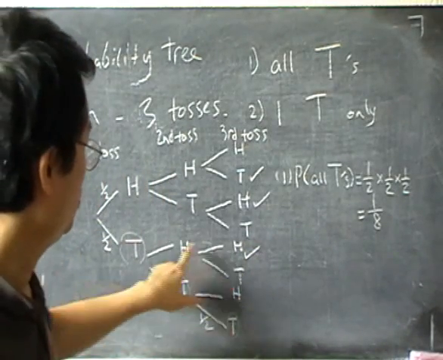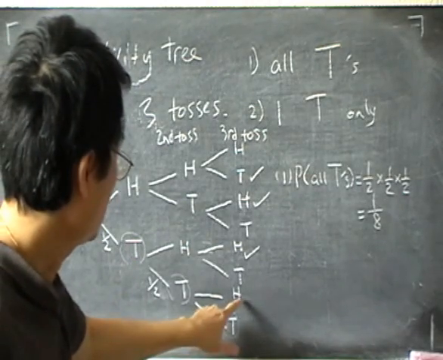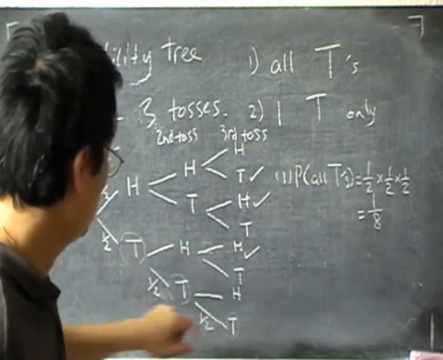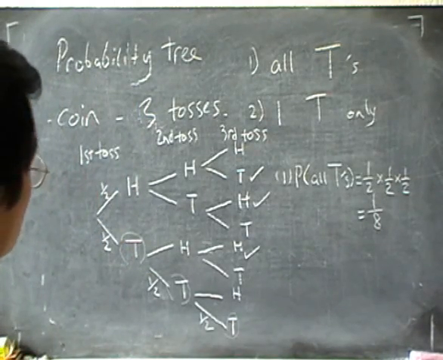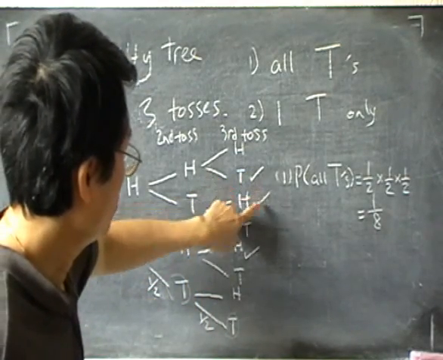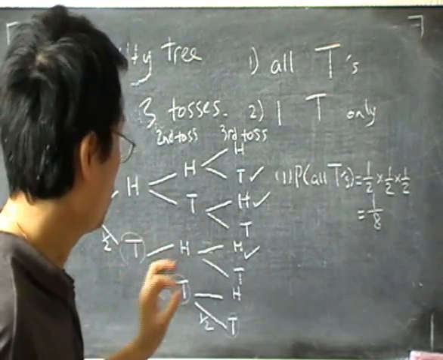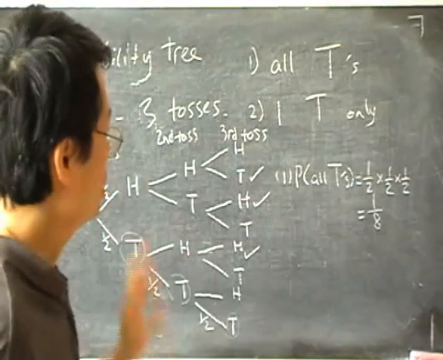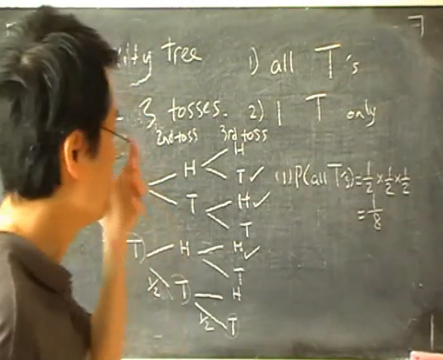And then we have tail, head, tail, 2 tails, not good. And then head, tail, 2 tails, tail, 3 tails. So quite easily we have picked out these 3 cases, 1, 2 and 3, that each of them has just 1 tail. So these are the chain of events that we are interested in.